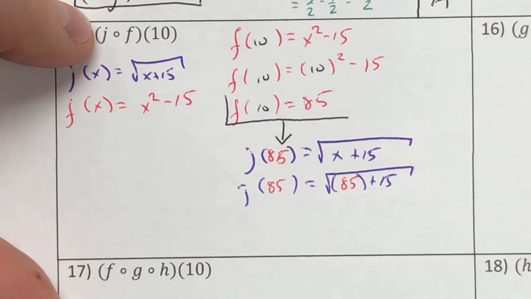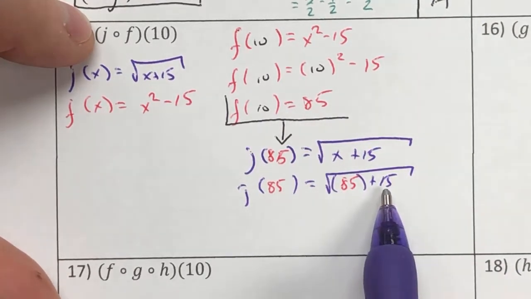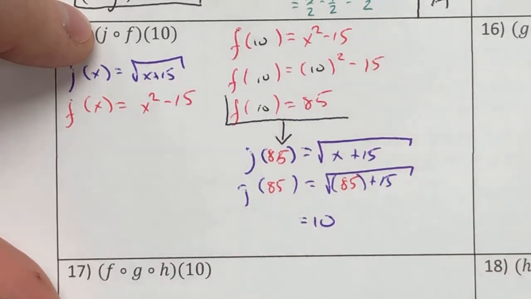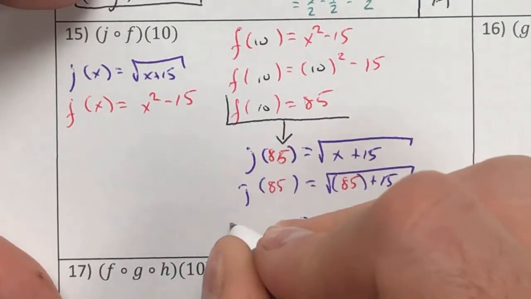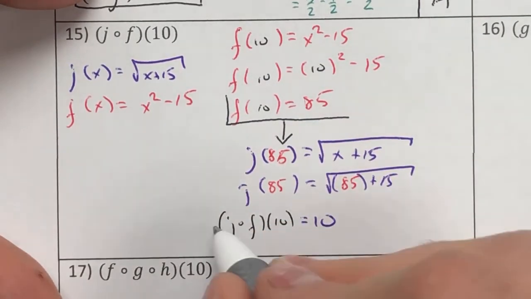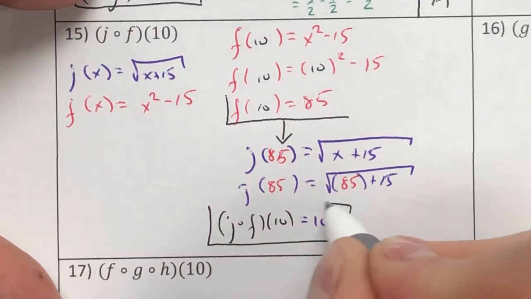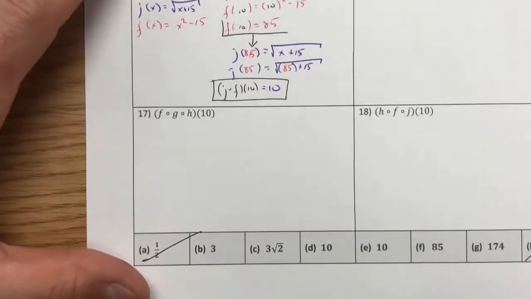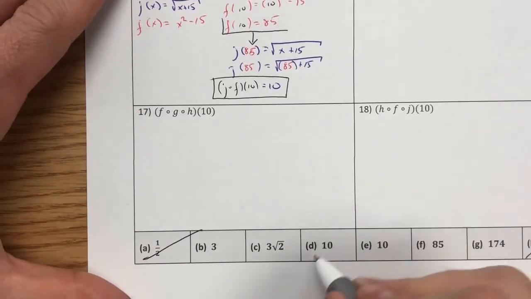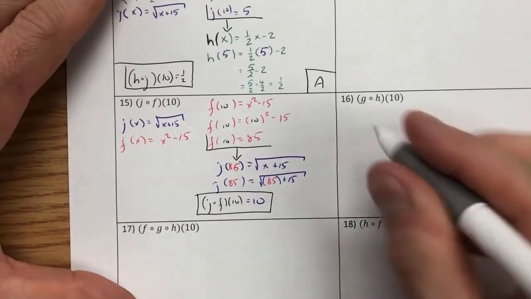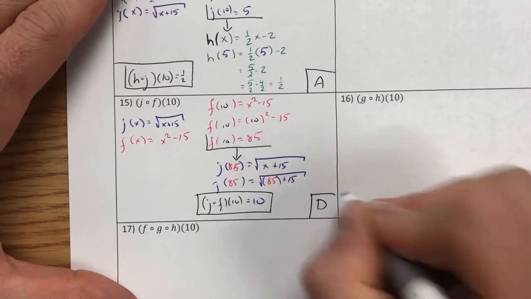So what we see happen here is 85 plus 15 is 100. The square root of 100 is 10. Boom. So we know that j of f of 10 is 10. Let's double check, make sure that is one of our answers. Boom, it is. It's either D or E. We've got two choices, so I'm just going to go with the first one, which is D.